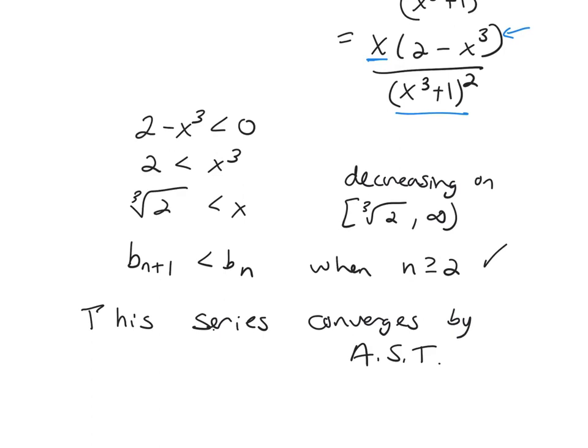You have to justify your steps on the alternating series test, so you have to justify that it's decreasing somehow. Yes, you would say that because of this. It's not going to be the same number every time. And in the other problem, we didn't have to take a derivative because we could do this inequality. It was a lot easier. So you could do the inequality if you can.